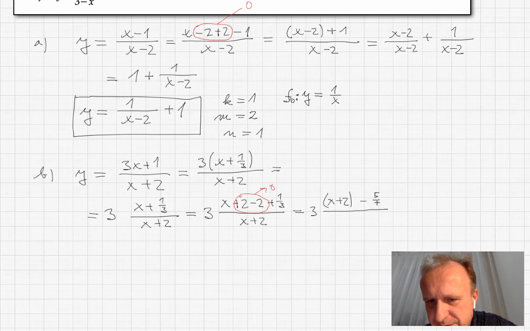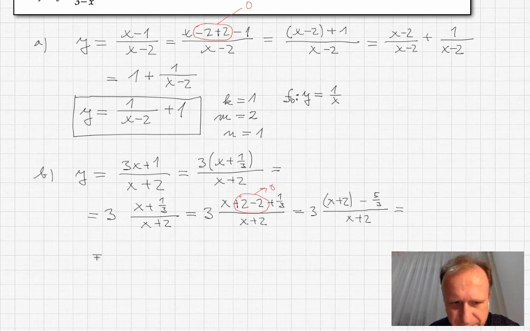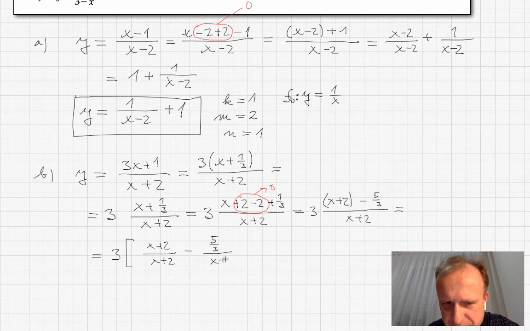Minus 5/3 divided by x plus 2. Okay, so now I can continue in the following way. It's 3 times, and now I use the brackets, and it's x plus 2 divided by x plus 2 minus 5/3 divided by x plus 2.